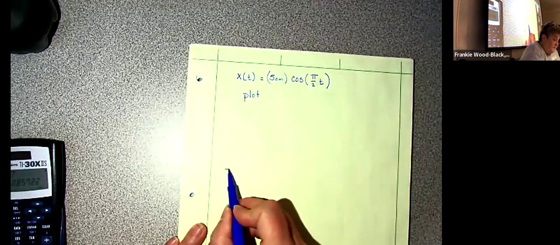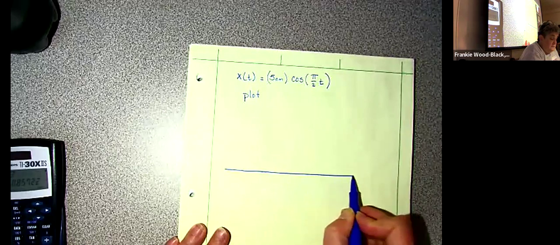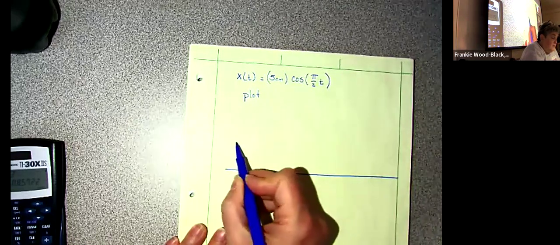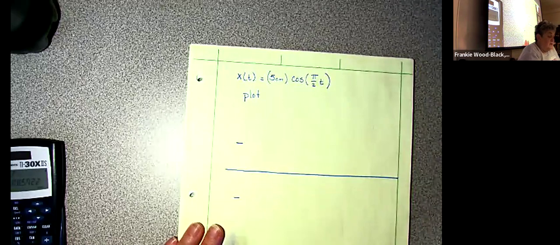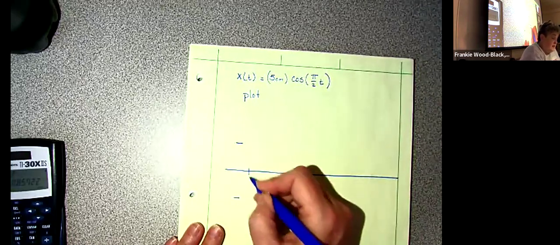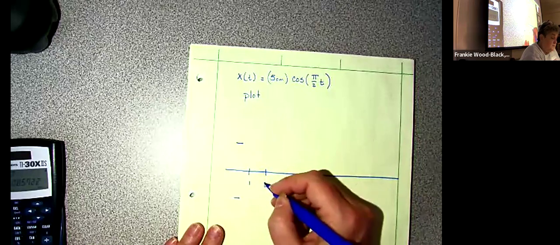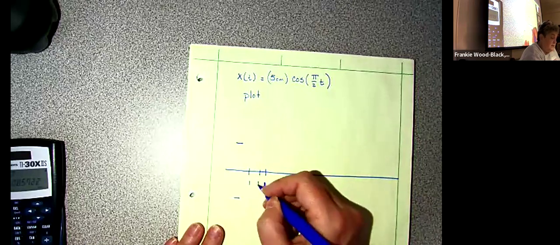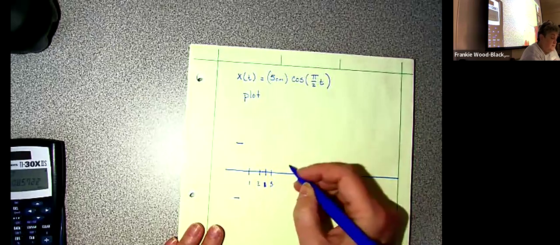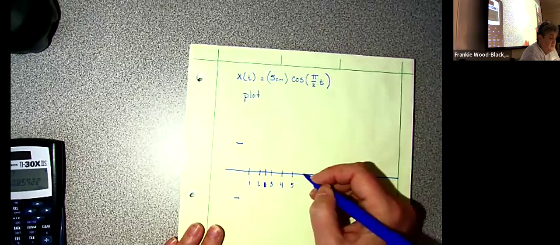So I'm going to need my graph. I'm going to do 5 centimeters up, 5 centimeters down. We know we're here. I'm going to go ahead and do this as 1 second, 2 seconds. Oops, I want that to be 2 seconds. This to be 3 seconds. 4 seconds, 5 seconds, 6 seconds.